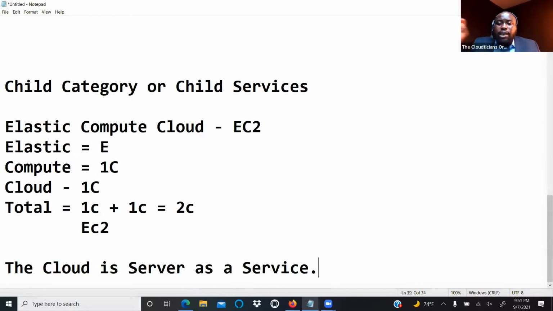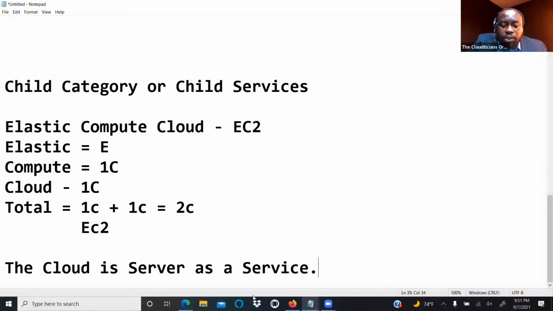What that means is that you are selling unused space on your server to those who need a server for their business. That's what the cloud is. Server as a service. I'm sure this is the first note at the cloudicians. Take note in case you hear it anywhere else. We coined it. We, the people.